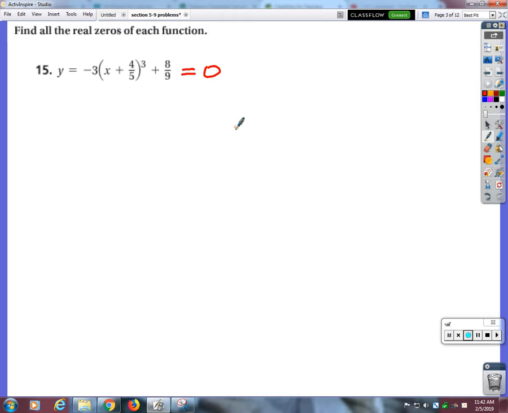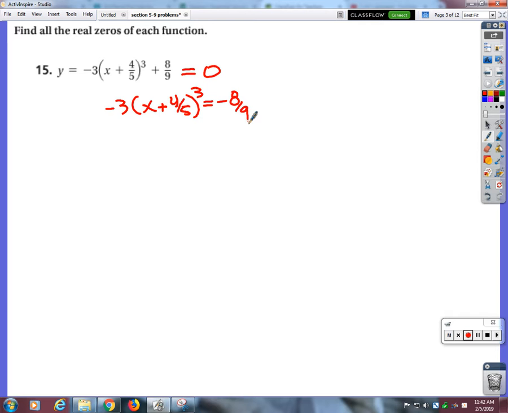Done. Now what? Okay, so I need to divide by negative 3.